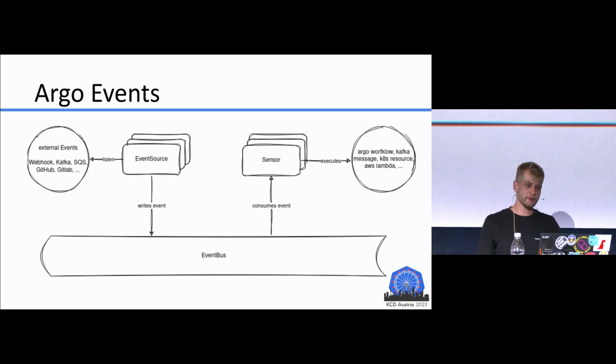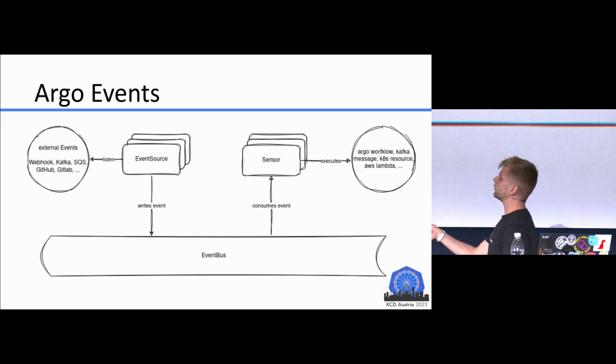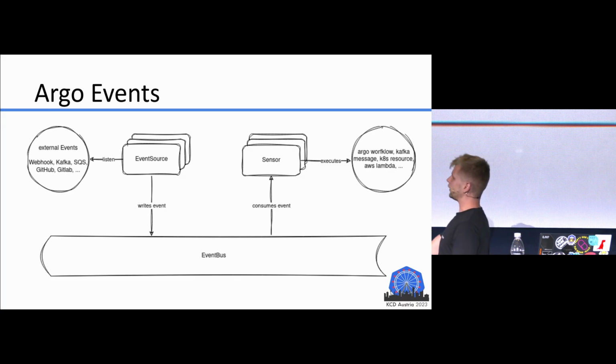It could be a Kafka message, or in our case, a GitHub or GitLab trigger. The event source then just writes the event into a persistent event bus, usually backed by NATS JetStream. And then we have sensors connected to this event bus, consuming it, filtering it if needed, and triggering our workflow.